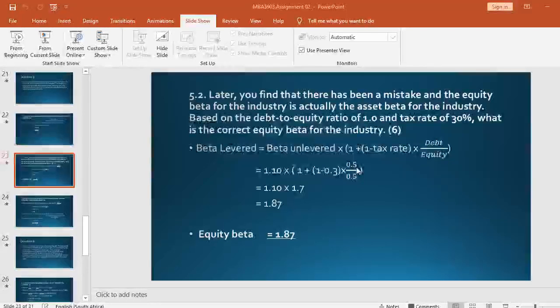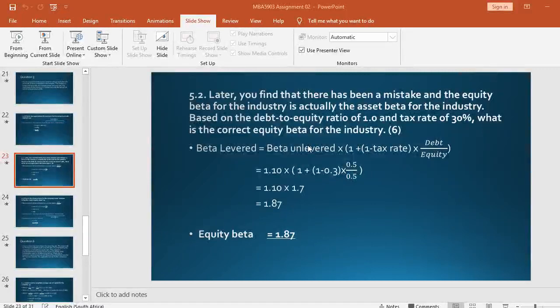All right. So after you've calculated everything, you're supposed to be getting 1.10 multiplied by 1.7, and then you get 1.87. So your new equity beta now is going to be 1.87. So now you've got your equity beta. With this information, now your equity beta is 1.87.